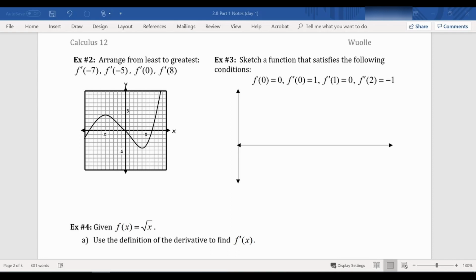Okay. So this one is asking us to arrange these four f prime values from least to greatest. We have a curve here that is our f. So remember, f prime of -7 means if I go over to -7 and I draw a tangent line, what is my slope? Well, I don't need to know exactly, but I know that my slope is positive. Okay.